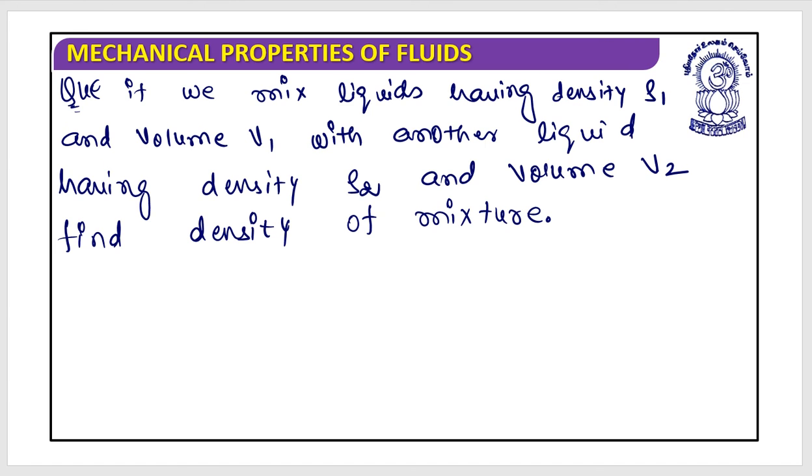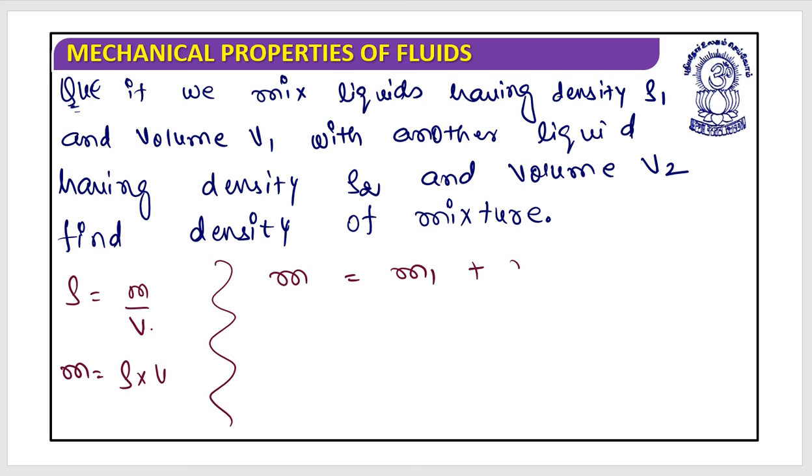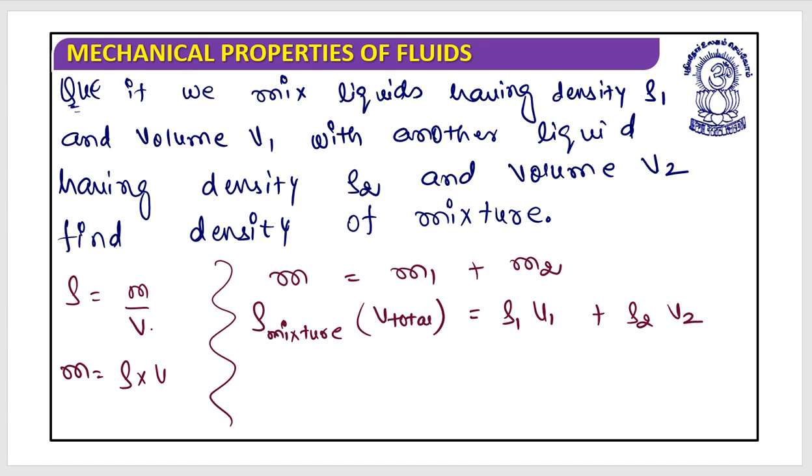We know density is equal to mass by volume, and from this mass is equal to density into volume. So m is equal to m1 plus m2, which is the density of the mixture multiplied by total volume, equal to density 1 into volume 1 plus density 2 into volume 2.